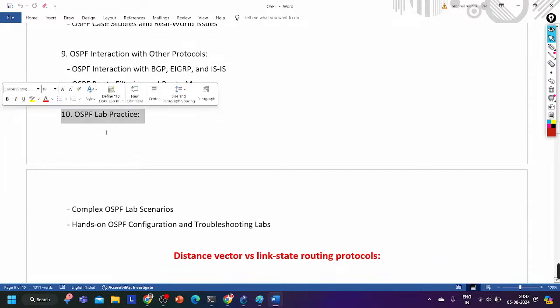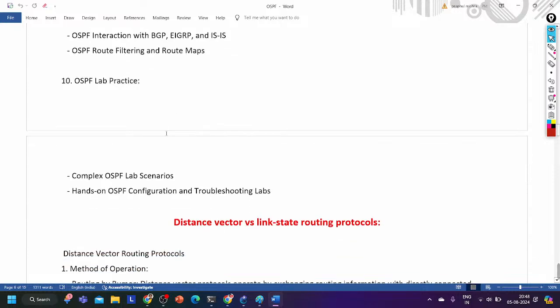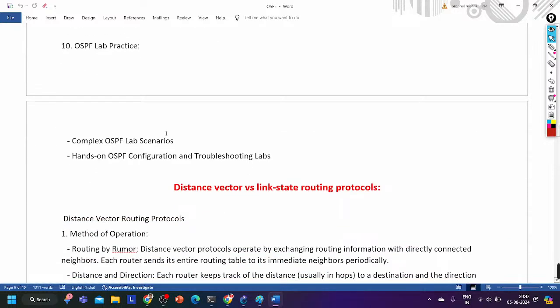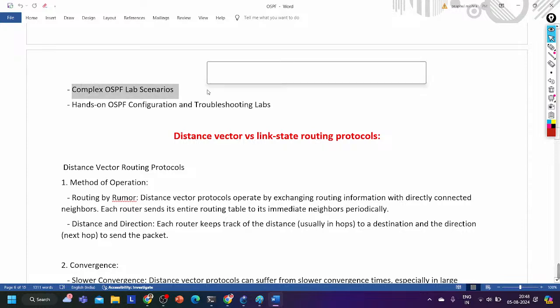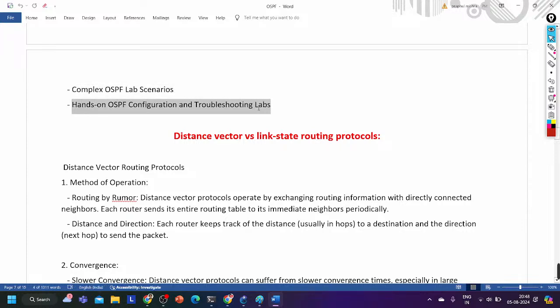Then OSPF lab practice. We'll see some companies' networks, complete company networks, and how we are going to configure OSPF there. Then complex OSPF lab scenarios and OSPF configuration and troubleshooting labs.